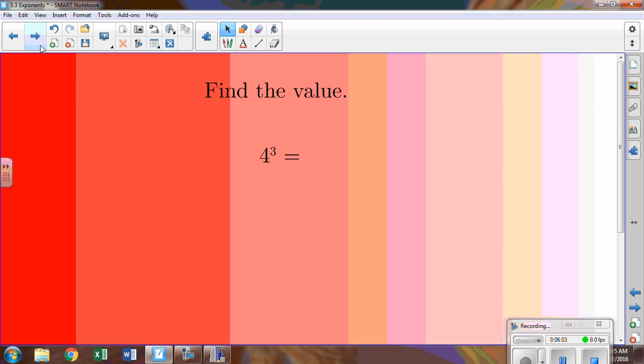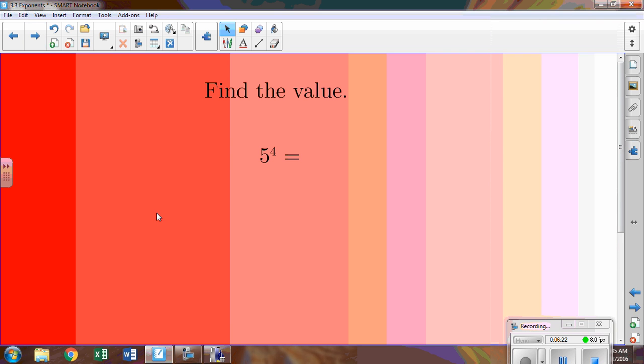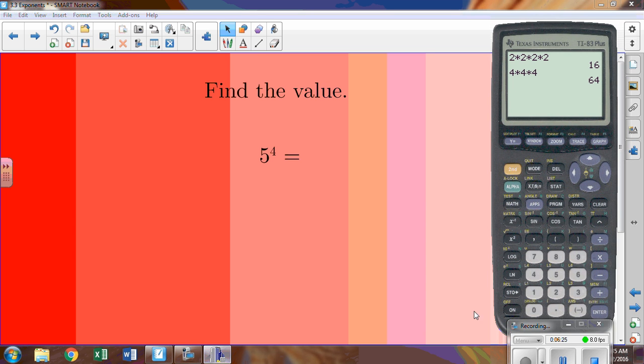What about here? 4 to the 3rd. All right, not writing it down because you just told me it's 4 times 4 times 4, which will give us our answer of 64. 5 to the 4th. 1, 2, 3, 4.